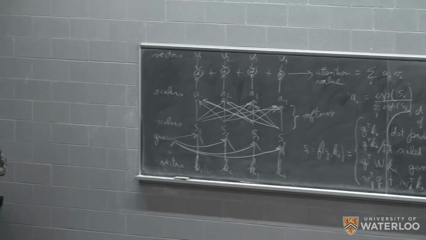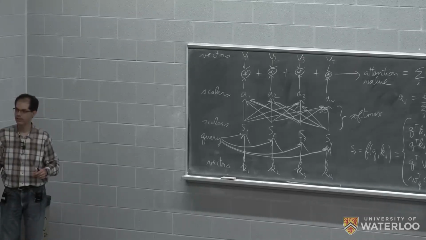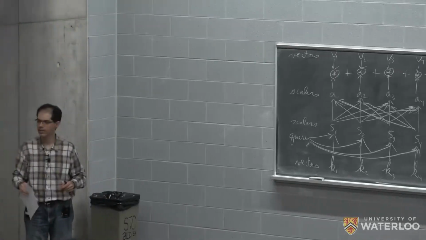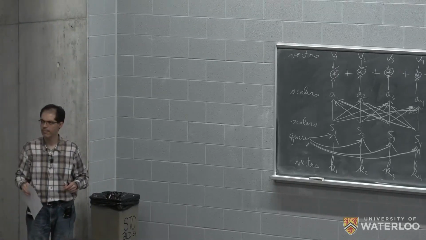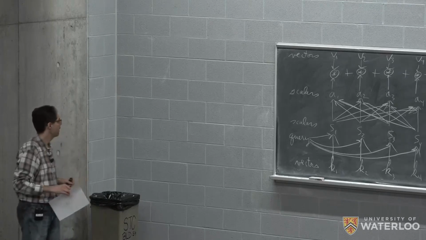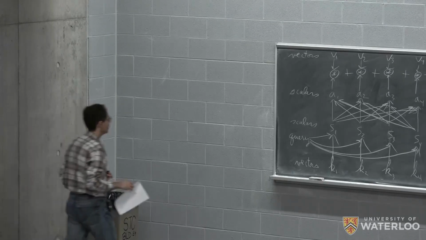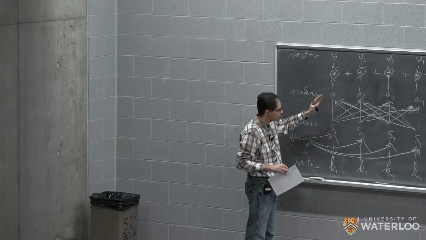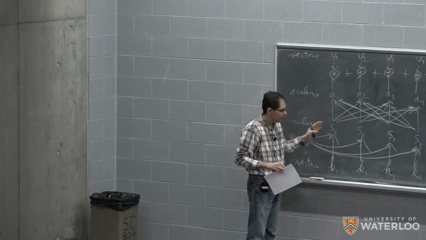Are they like scalars? Attention means it's with respect to all the words, right? The output is with respect to all of the words. Yeah, so here, these scalars are weights, and there's going to be a weight like this for every possible word.